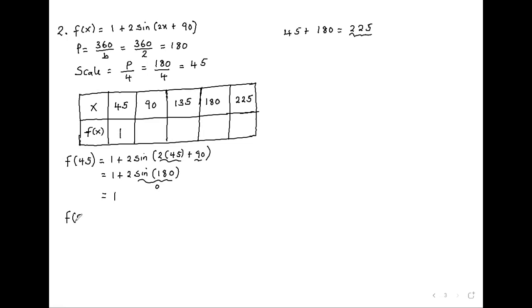Next will be f of 90. F of 90 will be 1 plus 2 sine of 2 by 90 plus 90. This is 1 plus 2 sine of 180 plus 90. That is 270.